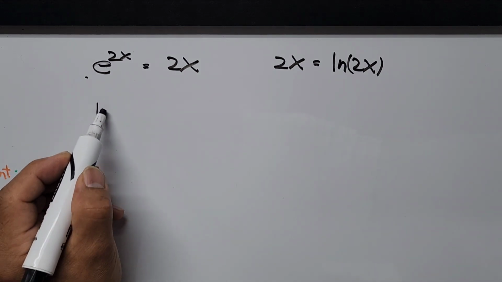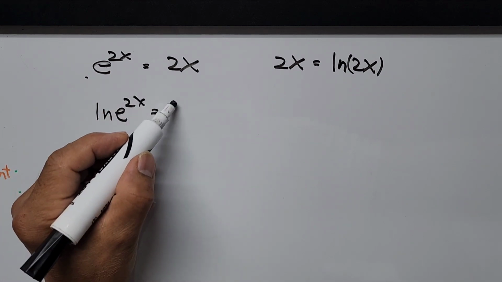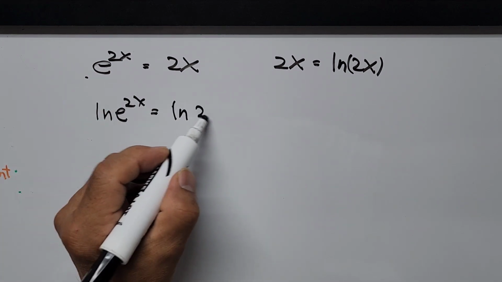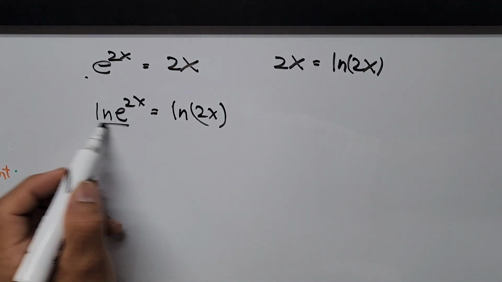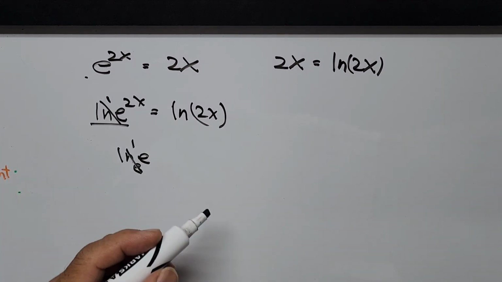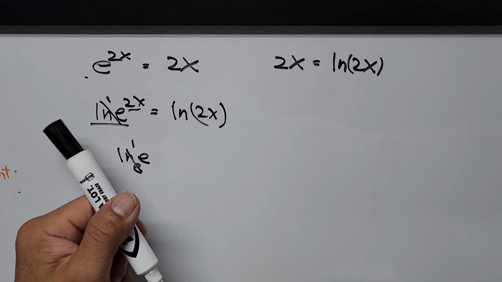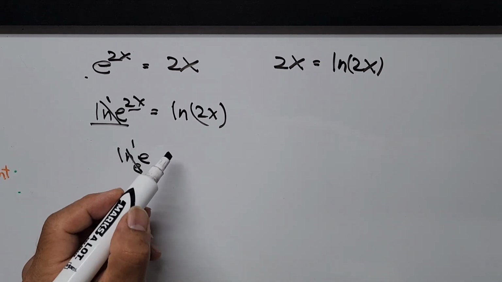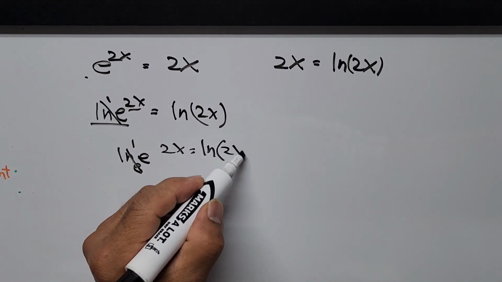Natural logarithm of e to the power of 2x is equal to natural logarithm of 2x. And here ln of e is 1. It cancels each other to 1. So we ended up with just the exponent, 2x, right? So we have 2x is equal to ln of 2x.